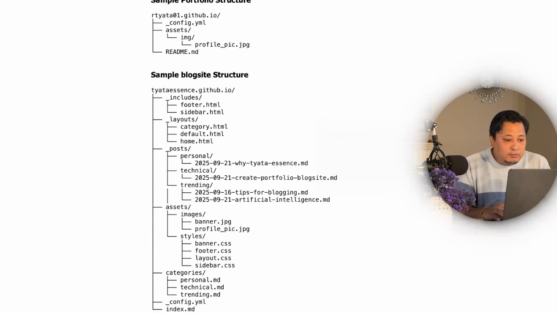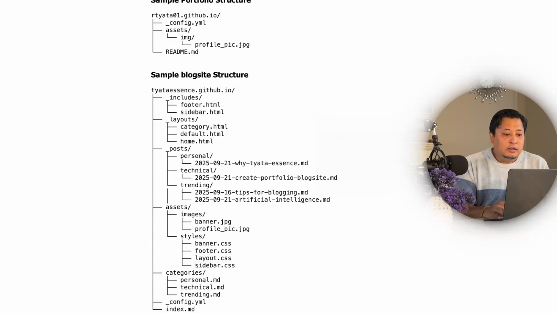And then on top of that, we have assets, categories, a config file, and an index.markdown file. I think the config file is the same as we discussed earlier, and index.md is a slight difference.